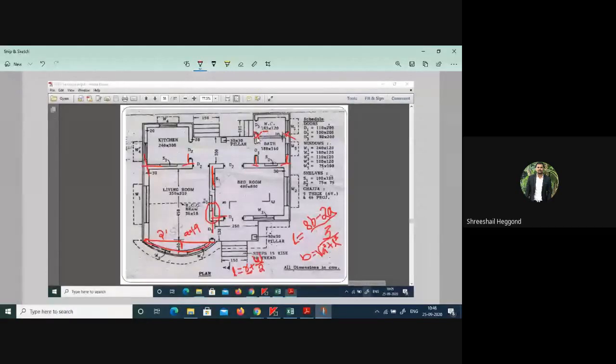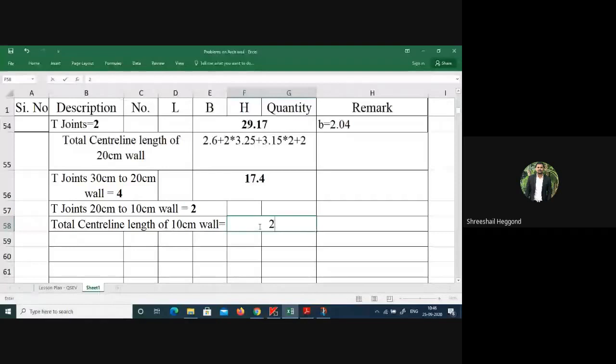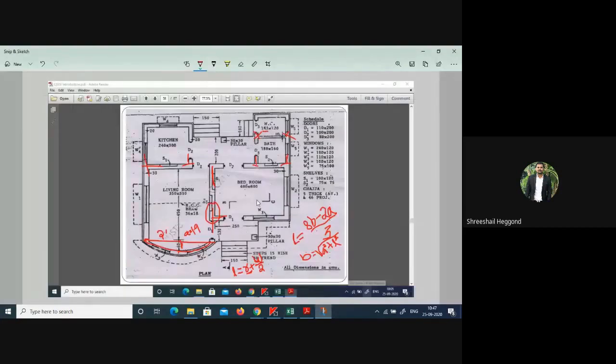Center to center, if you are considering, both the sides have 20 centimeter walls, therefore it will be 2 meter. This is all the center line length calculation for your complete structure.